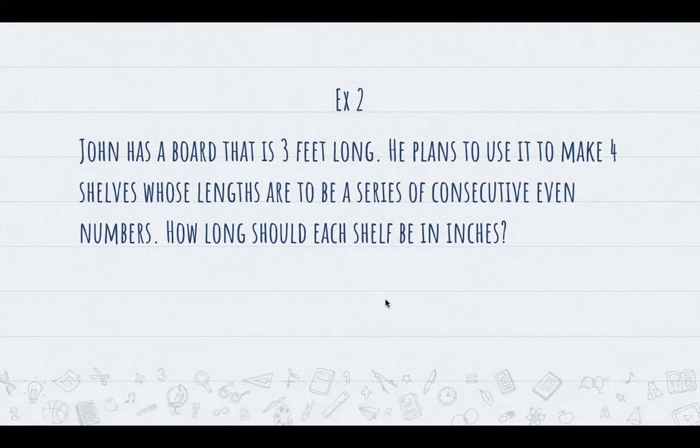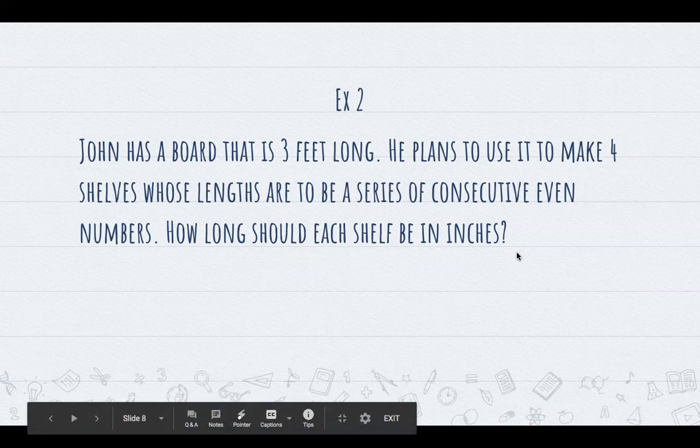John has a board that is 3 feet long. He plans to use it to make 4 shelves whose lengths are to be a series of consecutive even numbers. How long should each shelf be in inches? Okay, so let's assign the variables. This time they're asking for 4 shelves.